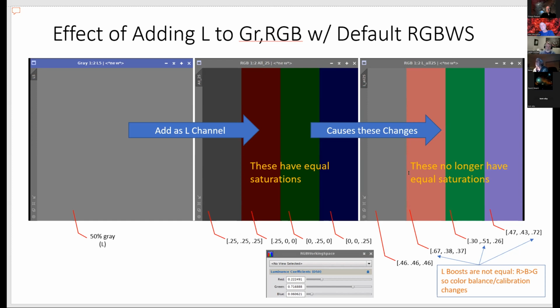Sorry, that was the wrong one. This red here has about 38% white added to the red, and as such, it dilutes it down to this particular saturation. It's largely the saturation that's changing, not so much an actual color shift.